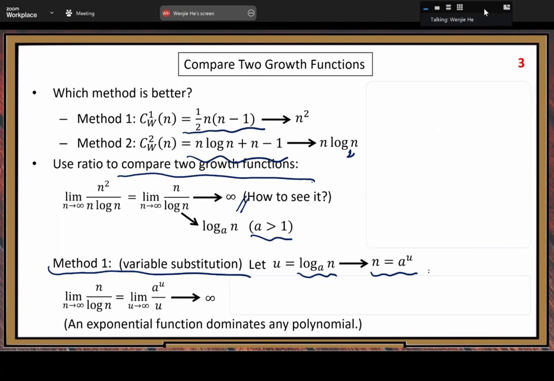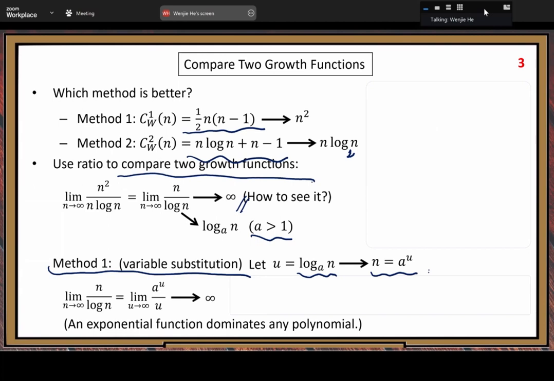When we do this variable substitution, we introduce a u variable to replace the log function. In that way, we can get rid of the log function, because we feel the log function is relatively complicated. So we want to get around it.